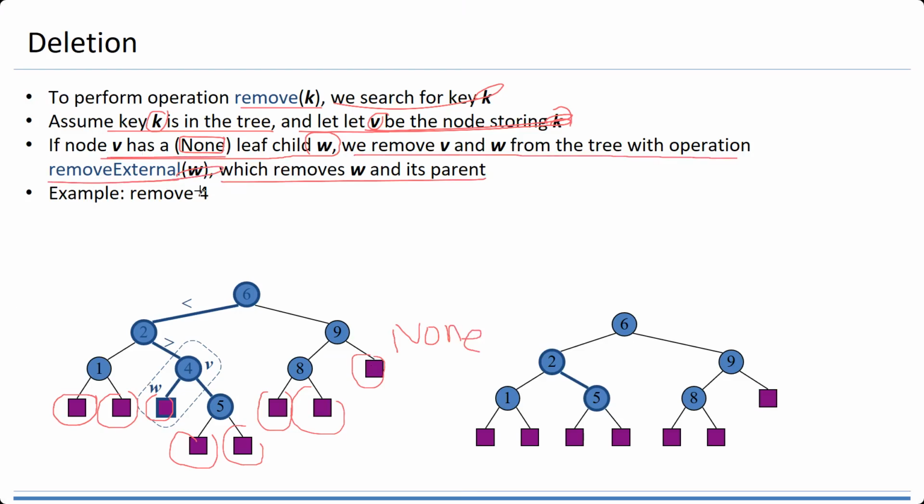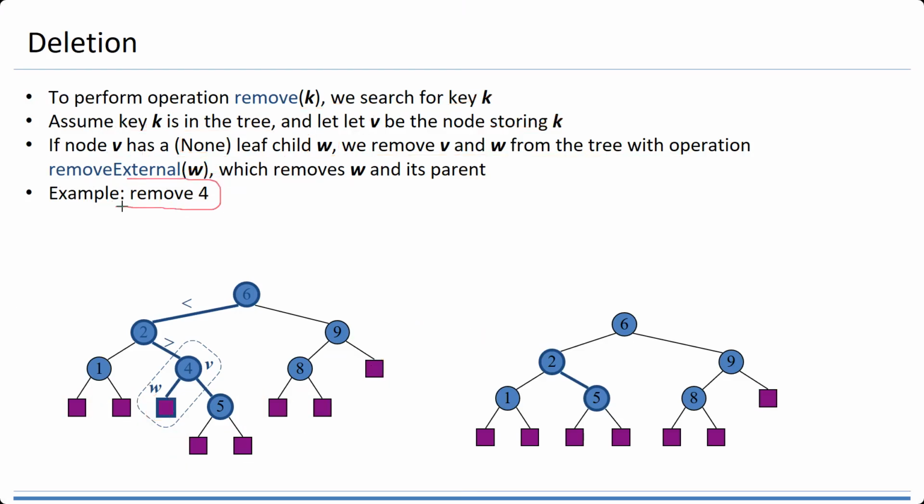So for example, I want to remove 4. So again, I will check 4 from the root. 4 is less than 6? Yes. Then we go to the left. 4 is less than 2? No. And then check, 4 is higher than 2? Yes. Then it goes to the right.